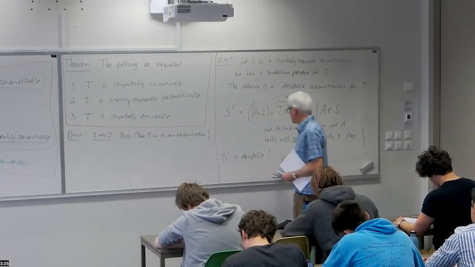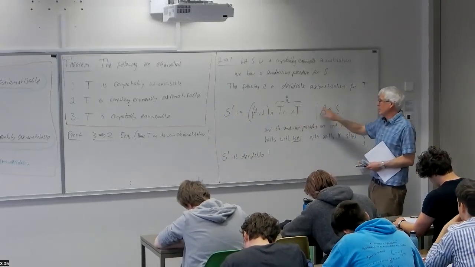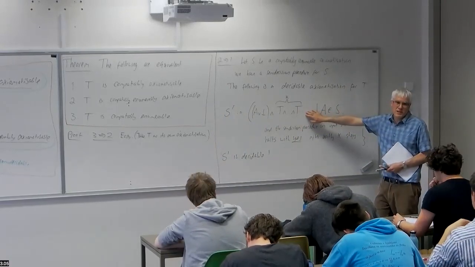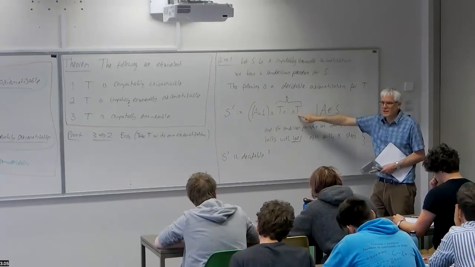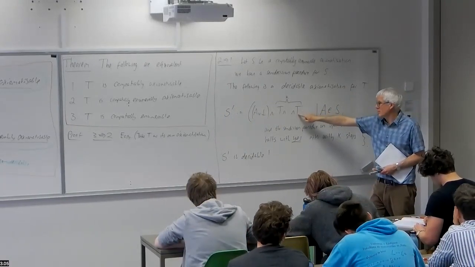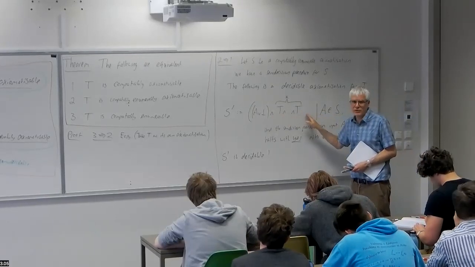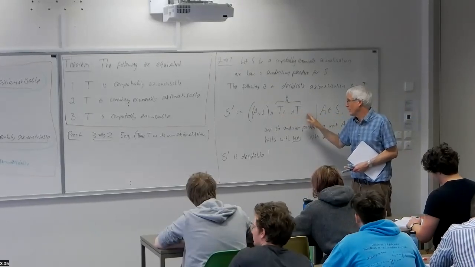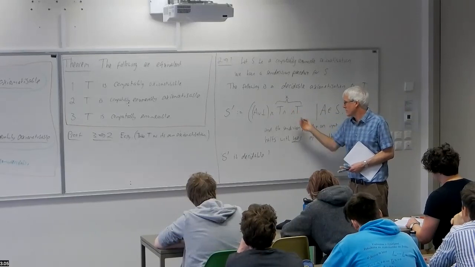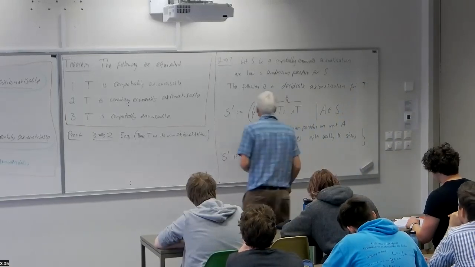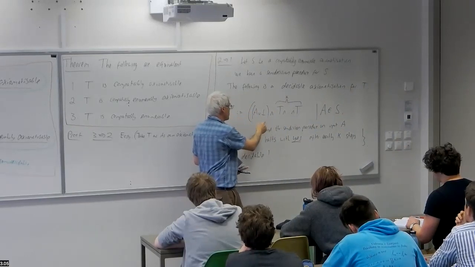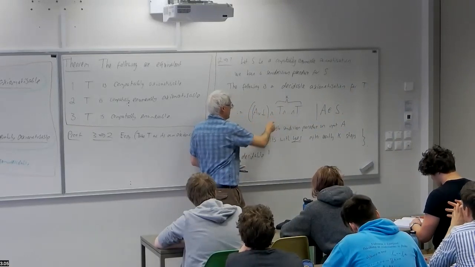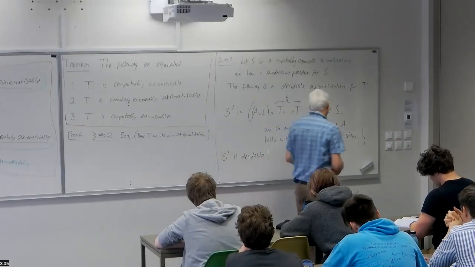So S prime is decidable, and it's absolutely clear that S prime is logically equivalent to S, because for every sentence A in S, there's exactly one K such that the axiom appears in this form in S prime. This is logically equivalent to A, and S prime is basically a copy of S, just with the axioms a little bit mutated, so to speak.